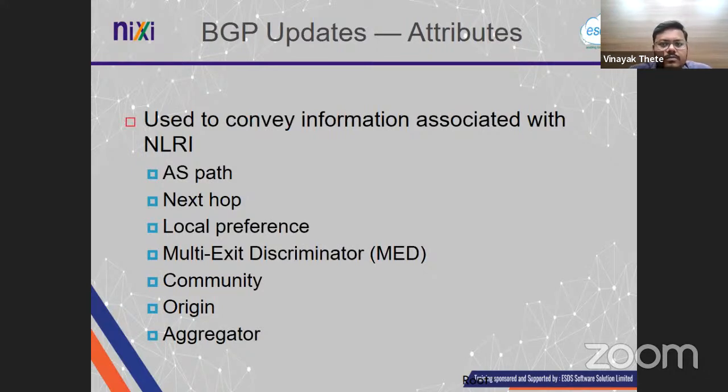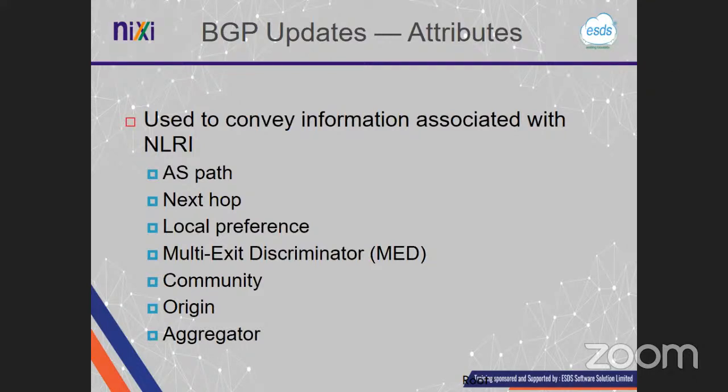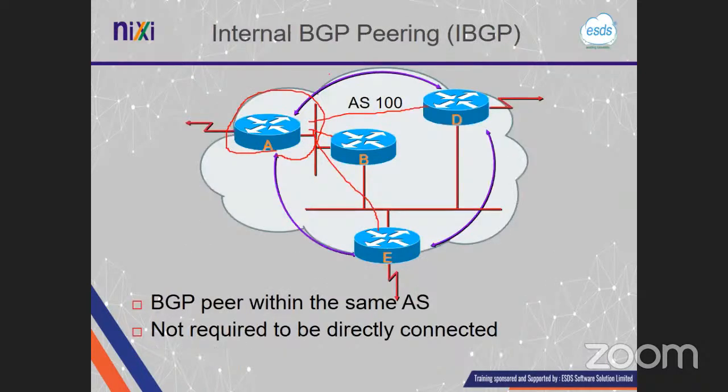Any questions on the past slides, please? Hello, Vinay, this is Vivek. I wanted to ask about route reflector. Suppose we are configuring a router as a route reflector, and a route reflector client wants to talk with another route reflector client, then the mediator will be the route reflector only, right?